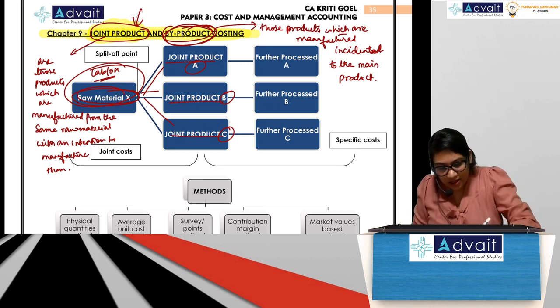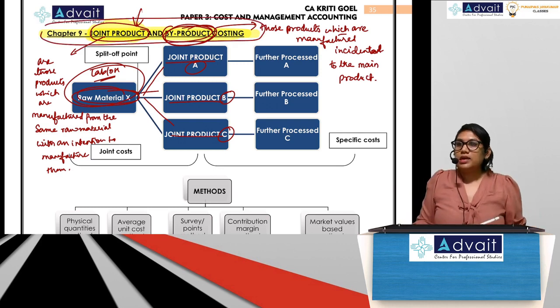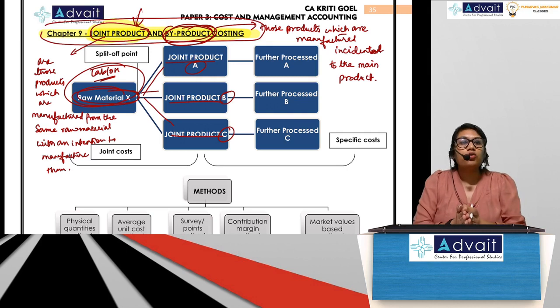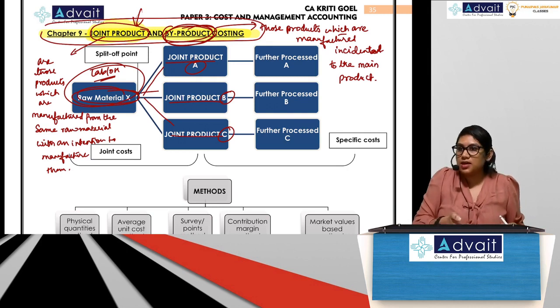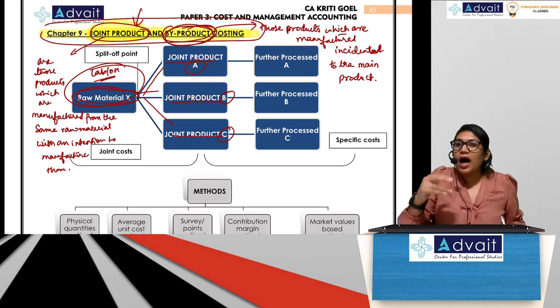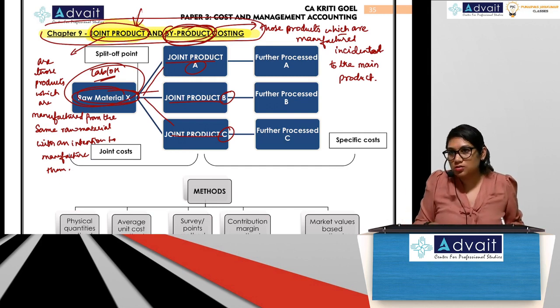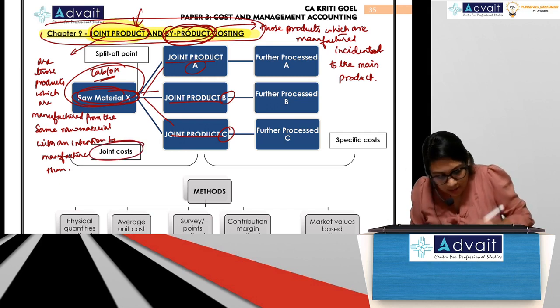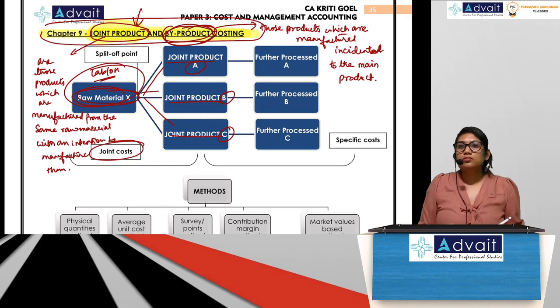So this particular chapter is all about figuring out how A, B and C, the joint products, are going to bear these costs. And these costs are called joint costs. There are various methods which have been prescribed to split these joint costs between these joint products. We need to know those methods.